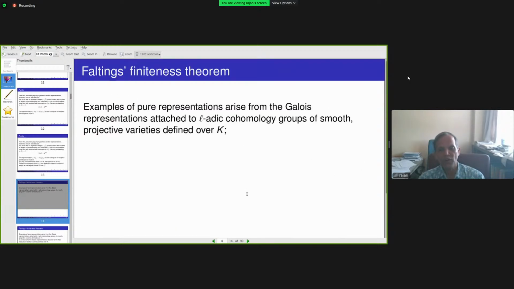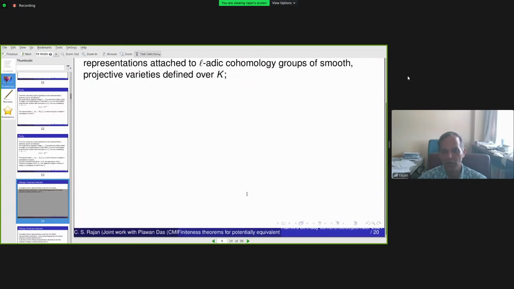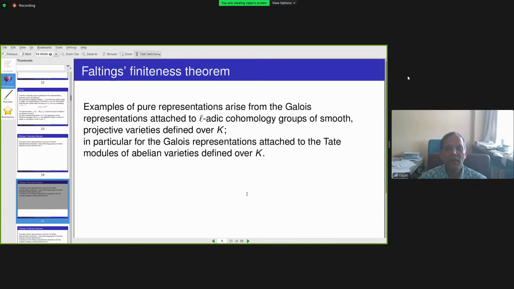Okay, so then what is the finiteness result? First, before that, the examples of pure representations: they arise from the Galois representations attached to L-adic cohomology groups of smooth projective varieties defined over K. In particular, the Galois representations attached to the Tate modules of abelian varieties or elliptic curves defined over K, or those attached to holomorphic eigenforms, newforms, are representations which one knows to be pure.